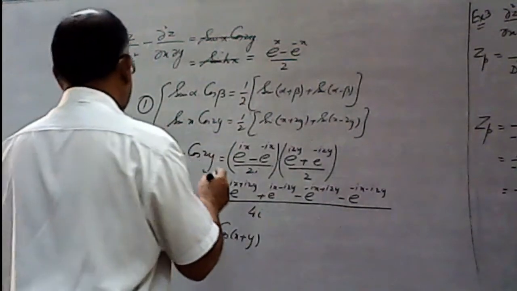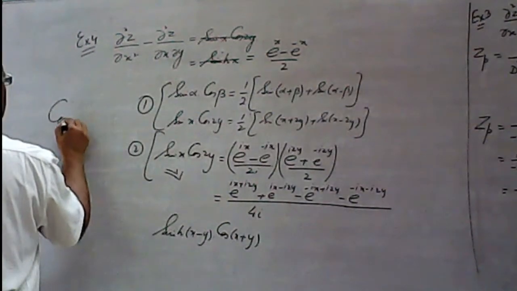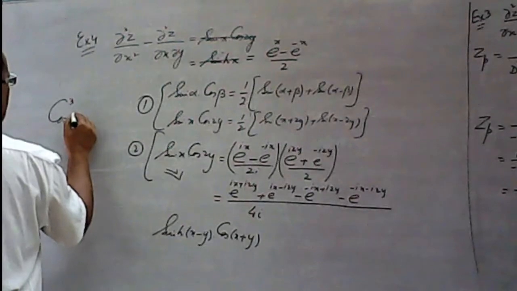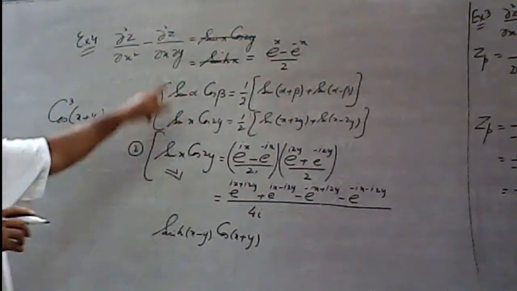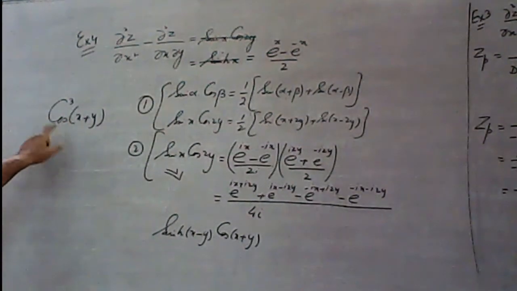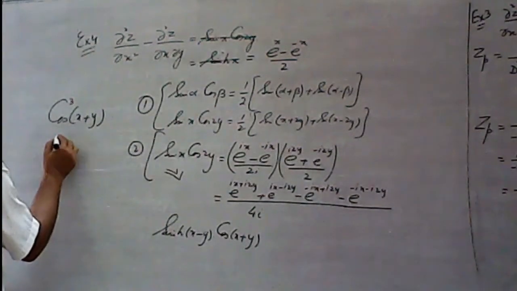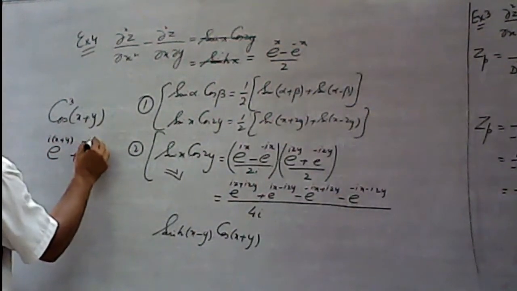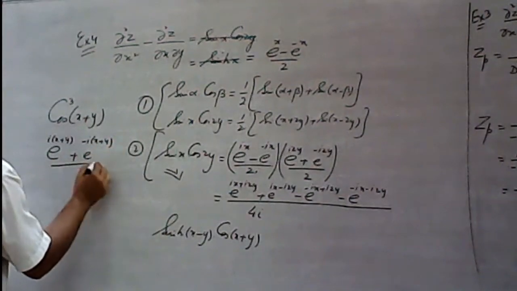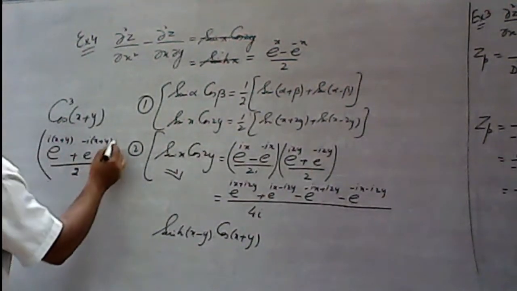Let's say we have another kind of term, cos³(x+y) on the right hand side. Still method 2 is not applicable because this cos is not linear. So how can we treat it? I write (e^(i(x+y)) + e^(−i(x+y)))/2, which is the value of cos(x+y). Then we have a cube, so make it cube.